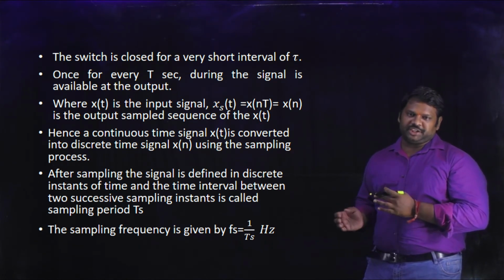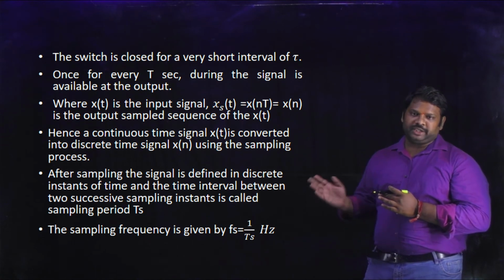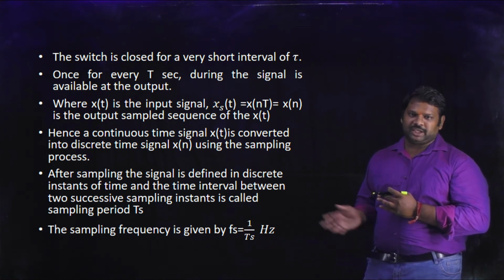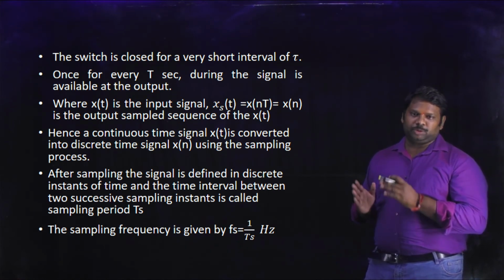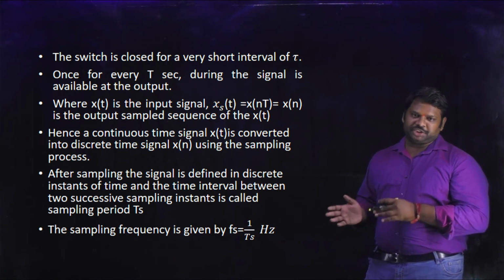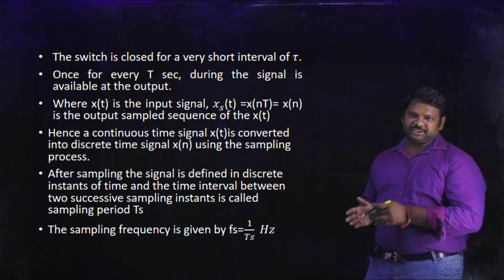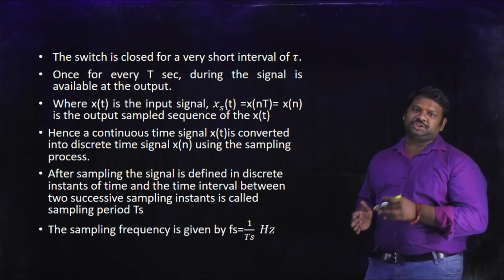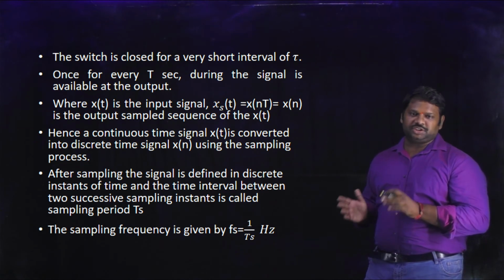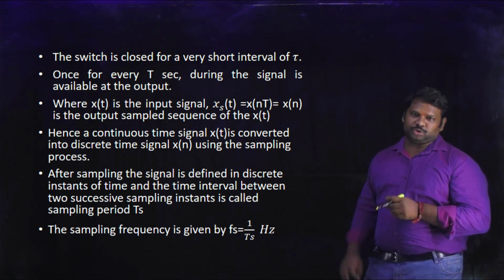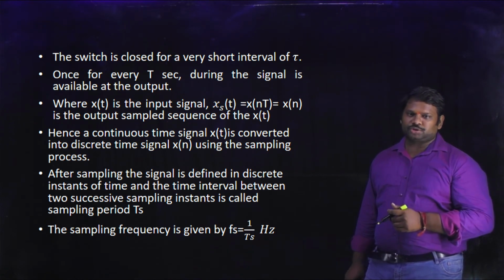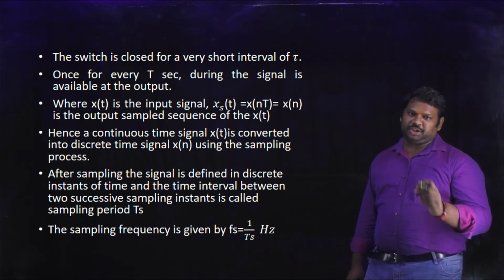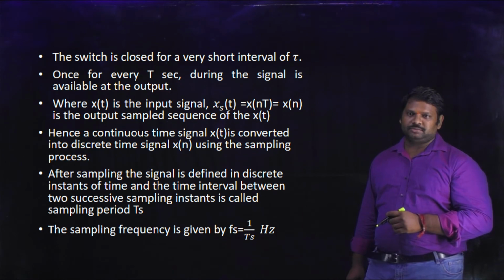Generally, if we take the initial value, it's from 0. The next sample will be at Ts, the next one at 2 Ts, and the next one at 3 Ts. Therefore, the sampling interval will be nothing but Ts minus 0, or 2 Ts minus Ts, or 3 Ts minus 2 Ts, or 4 Ts minus 3 Ts. Generally, it will be given as Ts only, right? Hence, this is the process of converting a continuous time signal into the discrete time signal.